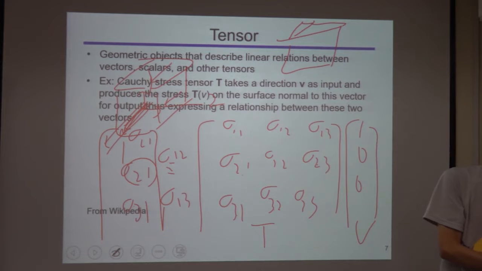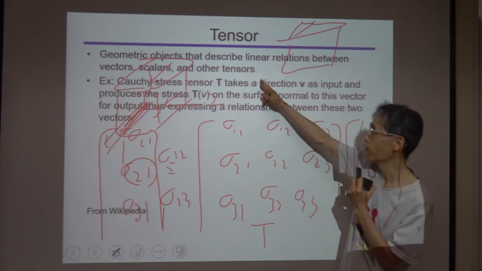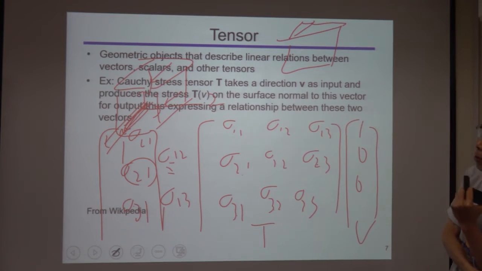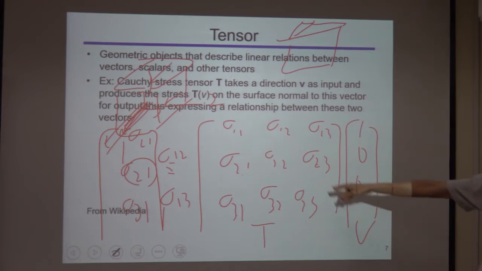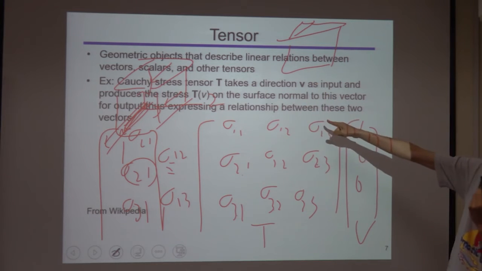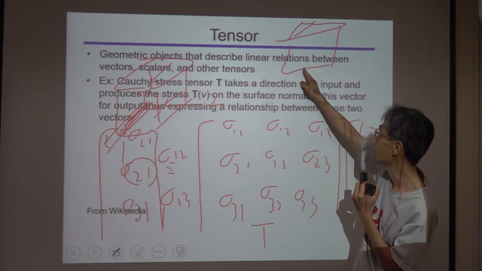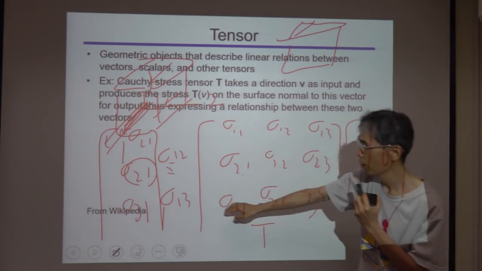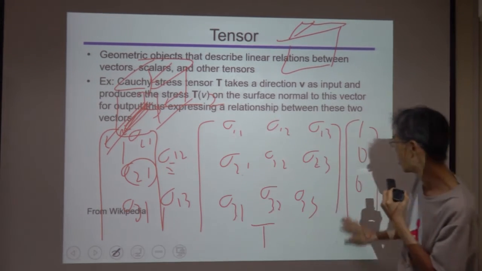Ian, Leo, could you read the first point? Geometric objects that describe the linear relations between vectors, scalars, and other tensors. Okay. So you can think tensor is a linear relation between two vectors. This is a vector. This is a vector.